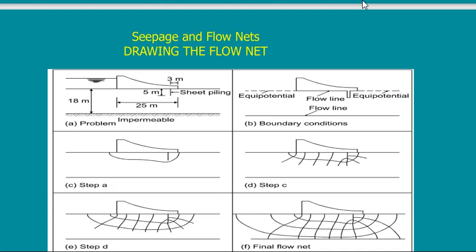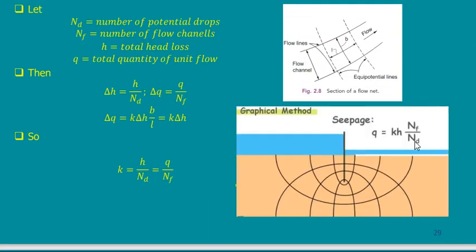But finally, if the final output satisfies all my rules, meaning lines are perpendicular to each other and circles can be inserted inside, then your answer is correct, and my answer is correct. But what will happen is that I may end up with having NF by ND, which is, as we said, the number of channels here.